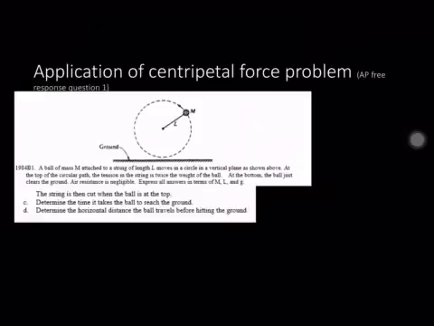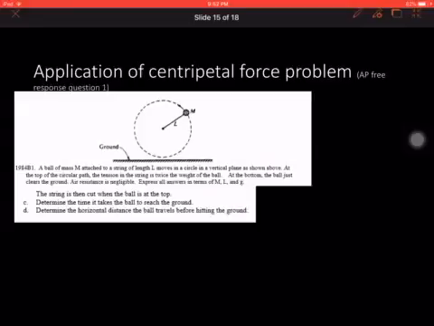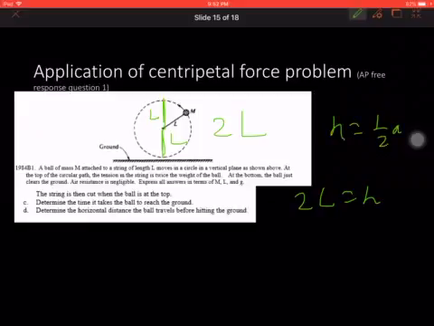We know the height, which is 2L. The height is 2L because this is an L, and that is also an L. That's 2L, height from the ground. And we know the kinematics equation H equals half AT squared.